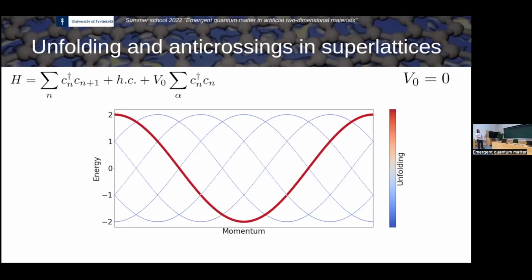And all right, great. So this is what we get from this unfolding procedure, where the color essentially tells you what is the weight on the unfolding. So here, blue means that you have 0 weight on your original unit cell, and red tells you that you have full weight on your original unit cell.